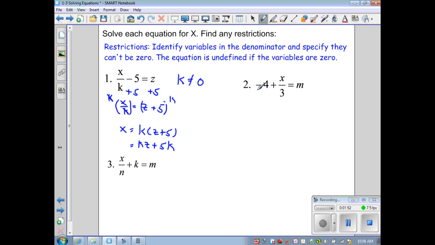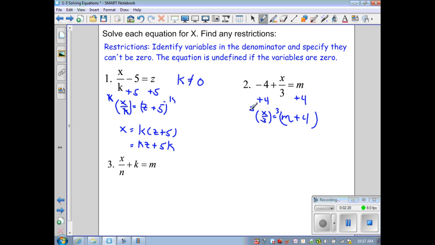Number 2, a negative 4 plus x over 3 equals m. I have two variables, but x is the one I'm solving for, so I'm going to get that variable term alone by adding 4 on both sides. That leaves me on the left x over 3 equal to m plus 4. 3 is dividing x, and I need this coefficient to be a positive 1, so I'm going to multiply both sides by 3.